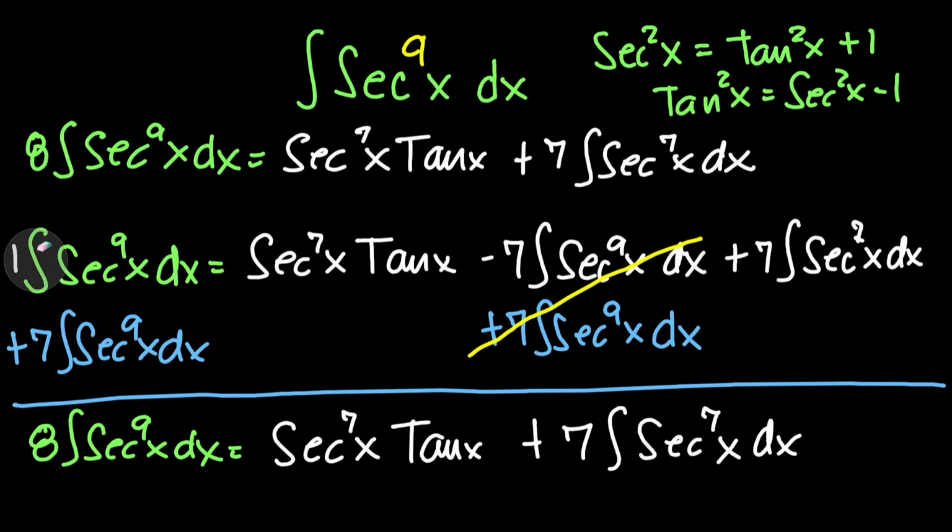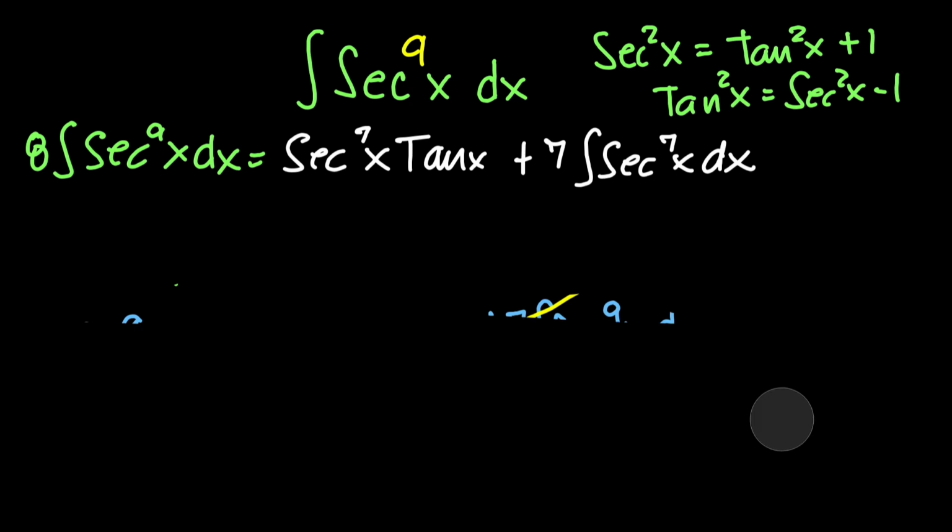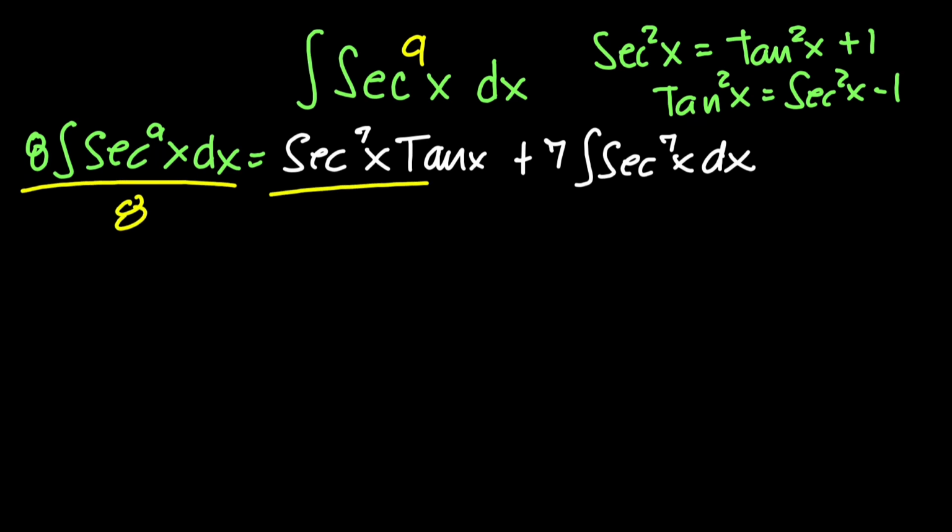We can now erase this equation of ours. For this one, since in our problem we only need an integral of this one, which means it only has a value of 1, we need to get rid of the 8 here. So, divide both sides by 8. So, this should be back to the original problem.